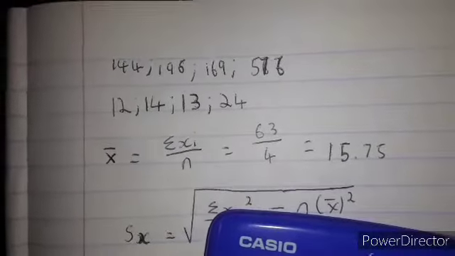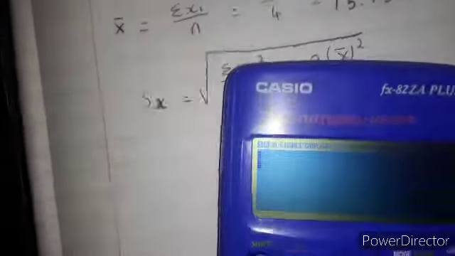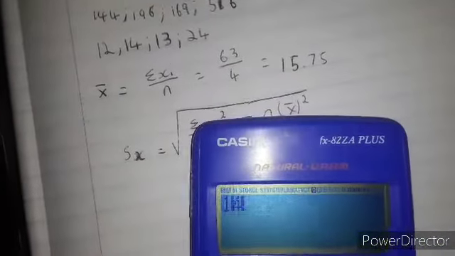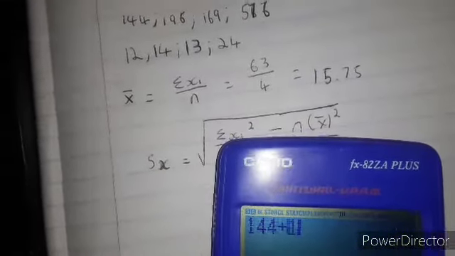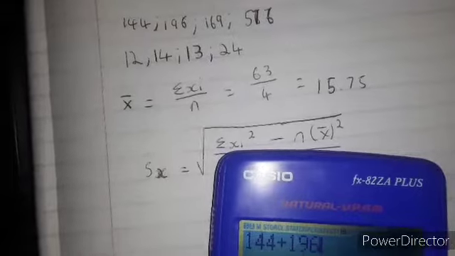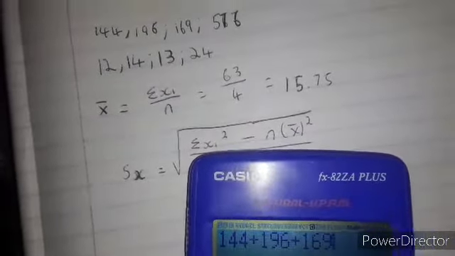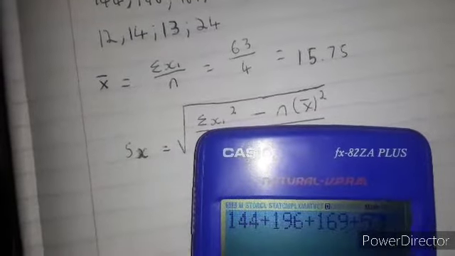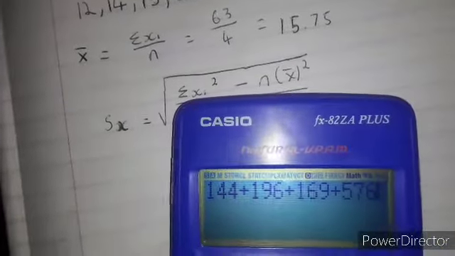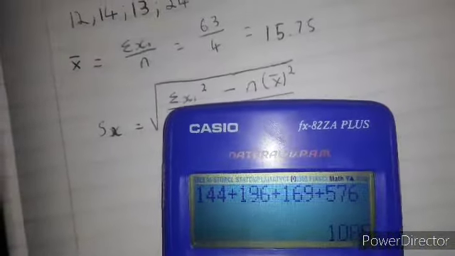And then we add them all. So 144 plus 196 plus 169 plus 576, which is equal to 1085.